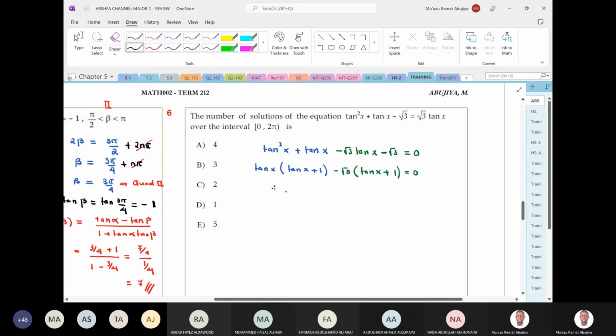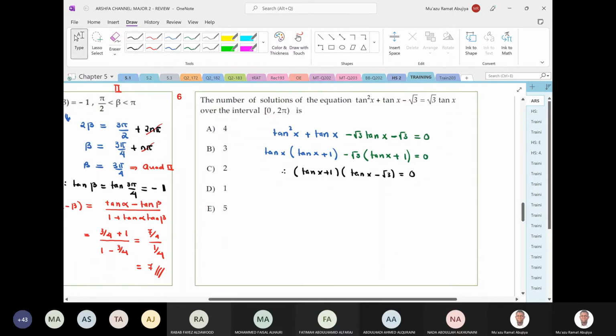We get bracket open tangent of x plus 1 into tangent of x minus root of 3, and this is equal to 0. Now, what do we have? If either of them is equal to 0, we can say tangent of x will be equal to negative 1, or we can say the tangent of x will be equal to square root of 3.